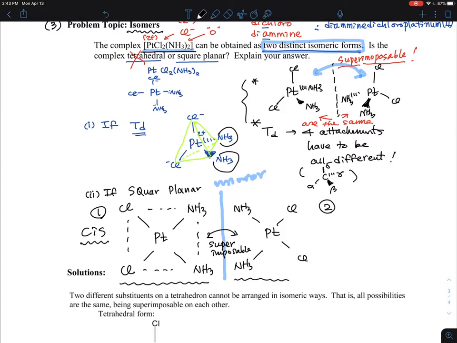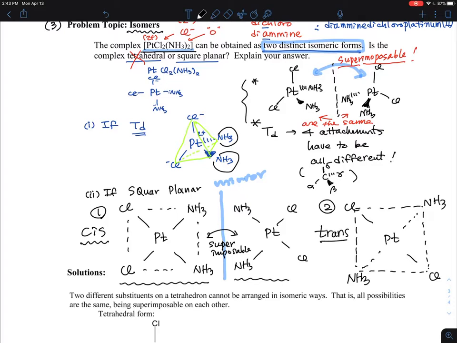And then the second one that you can think about is putting a square, and then the platinum in the middle, and the chlorines go to the opposite side, and then the NH3 goes to the other side. And this is what we call the trans isomer.